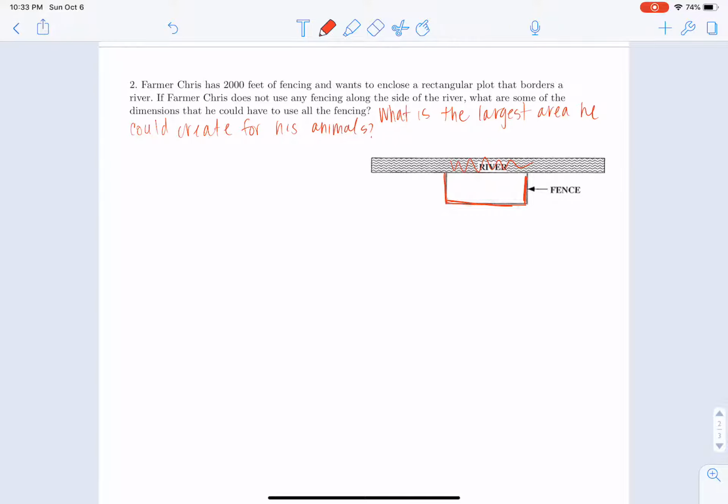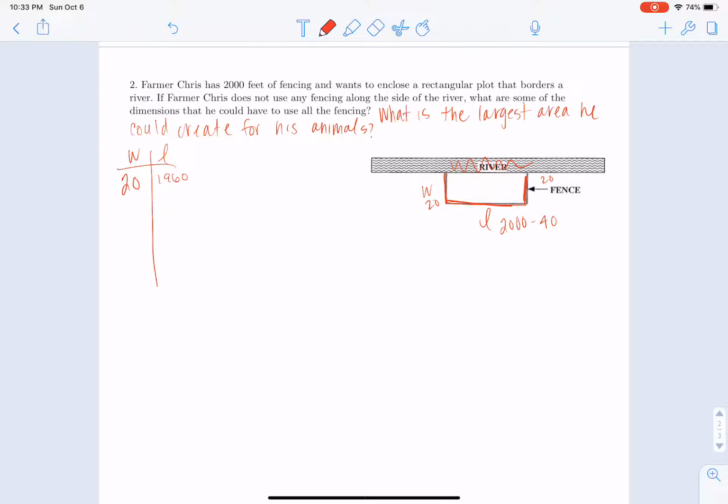Thinking about here, I would have a length and a width, right? So let's call this W and L. If my width is, let's say, 20 feet, then this is 20, and this is 20, and this would be 2,000 minus 40, which will put me at a length of 1,960.